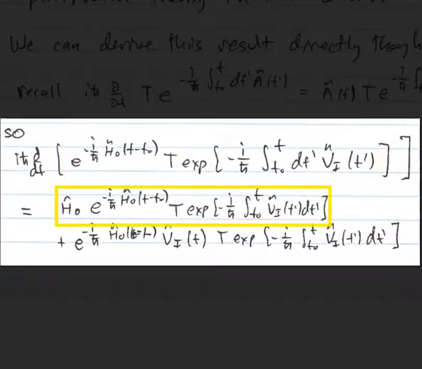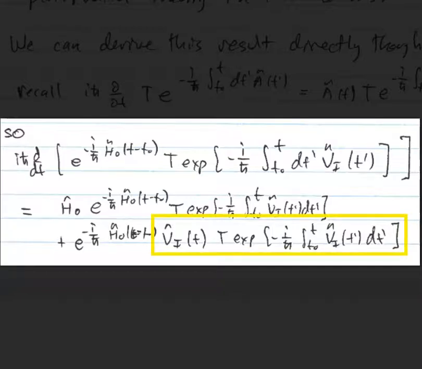We have two terms. First, when the derivative acts on the e to the minus i over h bar H0 (t minus t0) term, you see there's a t in the exponent, and when I take that derivative, I'm going to pull down an H0. And then I'm going to have a derivative acting on the time-ordered exponential, but I can actually calculate that derivative from the equation of motion. It will pull down a V_I of t.